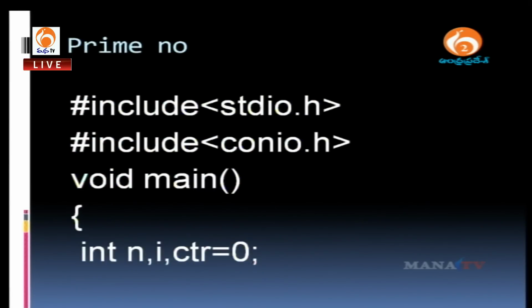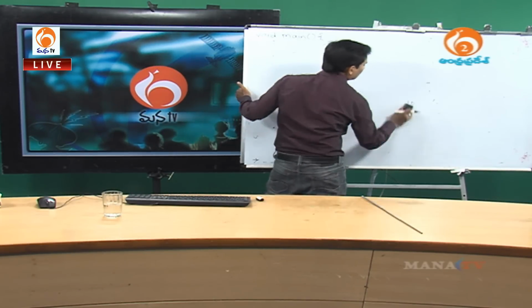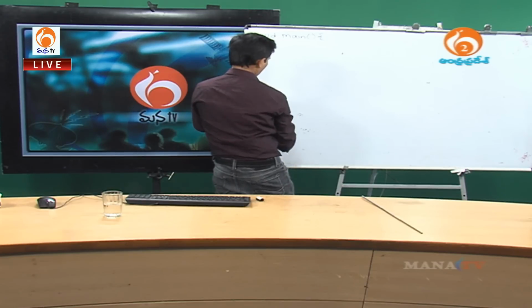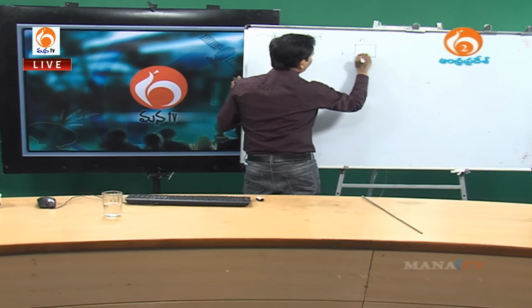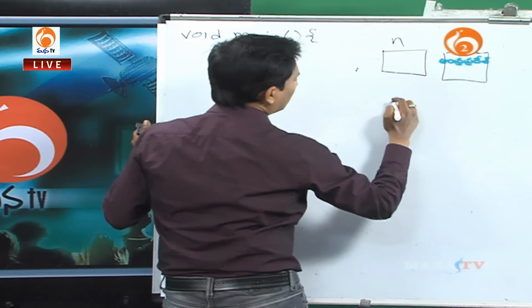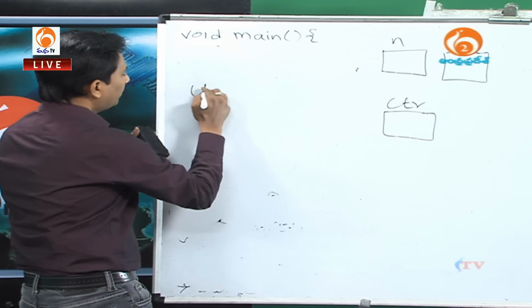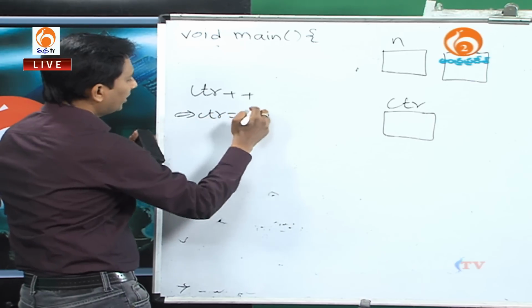Okay, just look here, I will explain on the board. First we are taking the three variables n, i, ctr, where ctr means counter. ctr plus plus means ctr equals ctr plus 1.